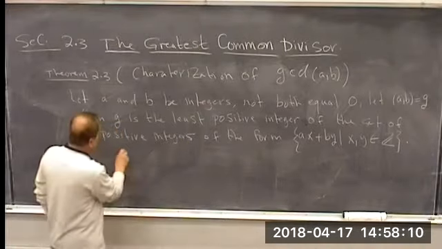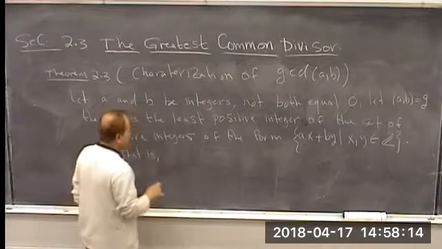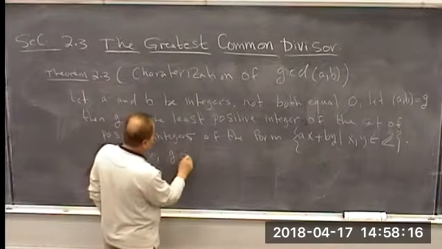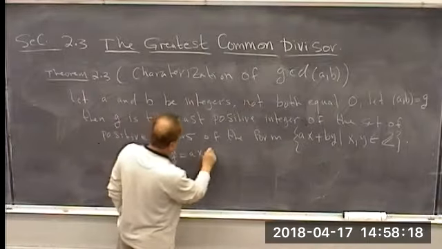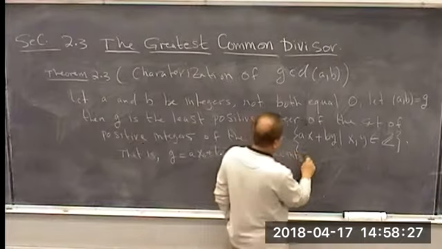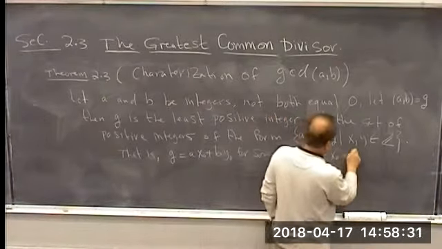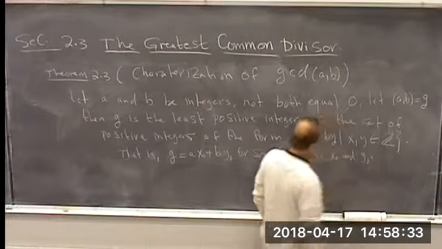This means that G is equal to Ax sub 0 plus By sub 0 for some integers x sub 0 and y sub 0.